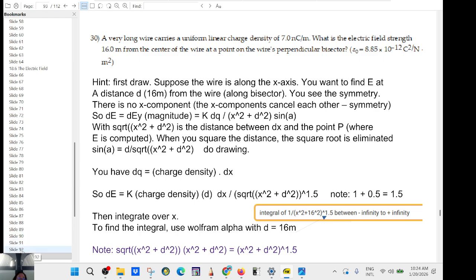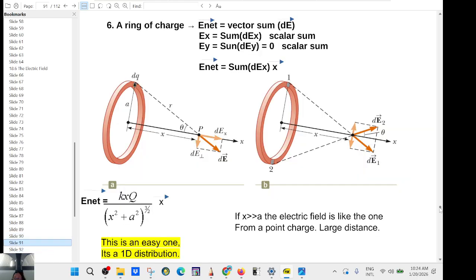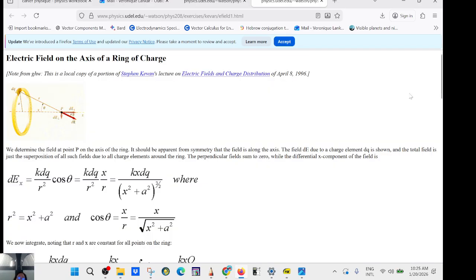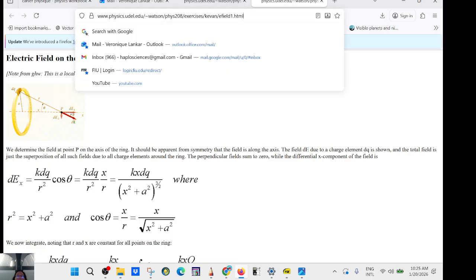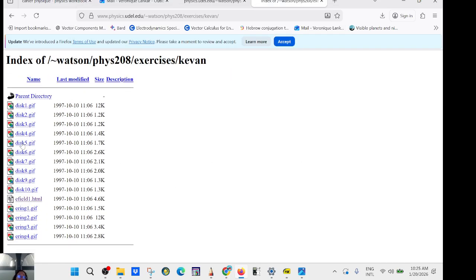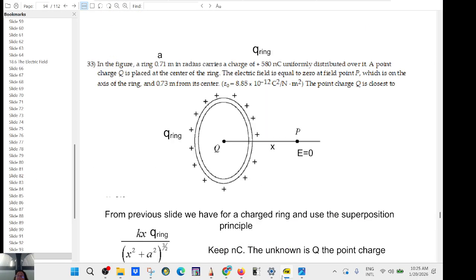I'm pretty sure you have the details in your book. So anyway, you get the idea, right?